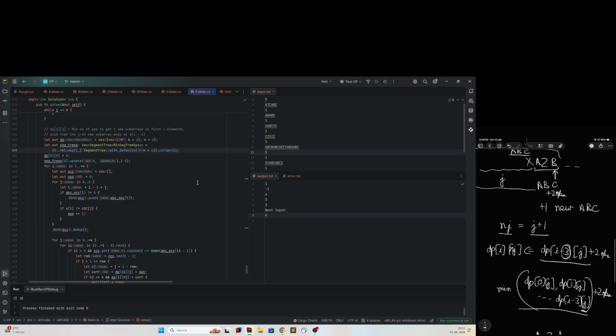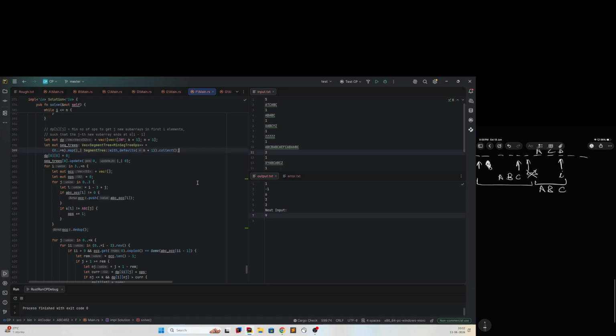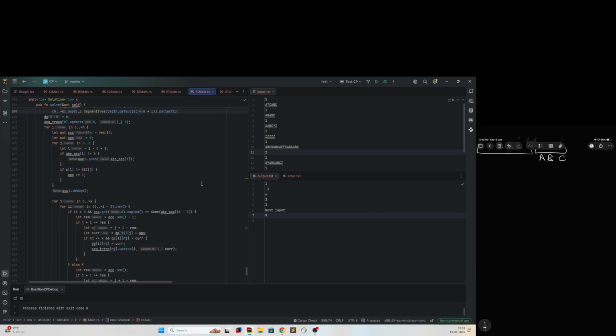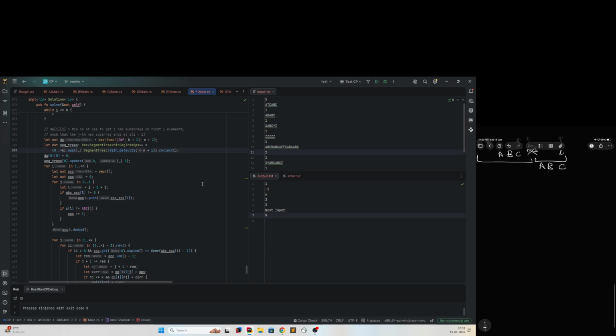So this is a simple scenario when we are creating a new ABC. There's no removal of existing ones. But if there is removal of existing ones, then things get pretty complicated. So if we have something like, let's say A, B, C, A, B, C something, and we are at here.